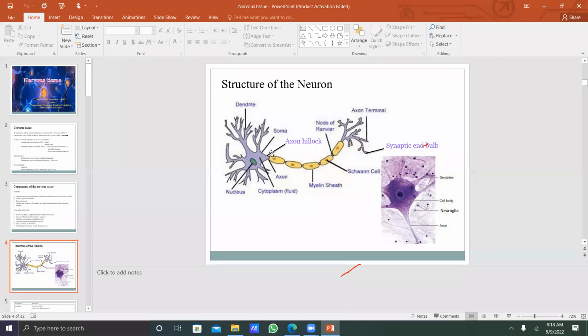The place where the axon starts from the cell body is called the axon hillock, which is a slightly expanded area. And along the axon, we can see myelin sheaths. These myelin sheaths are formed by the neuroglial cell called Schwann cell.